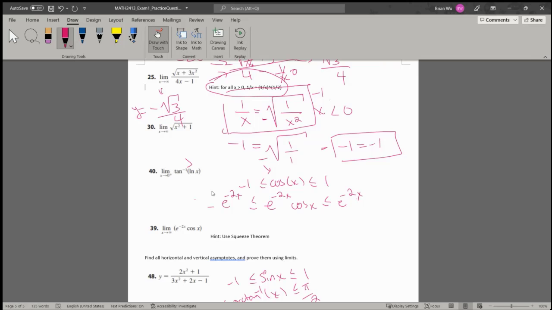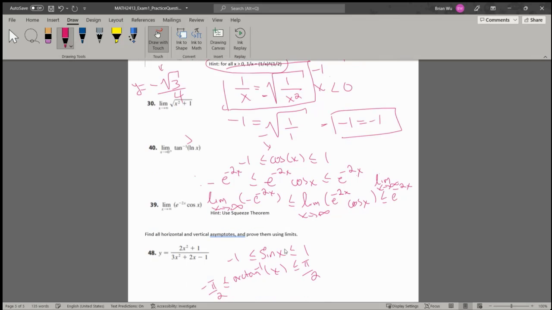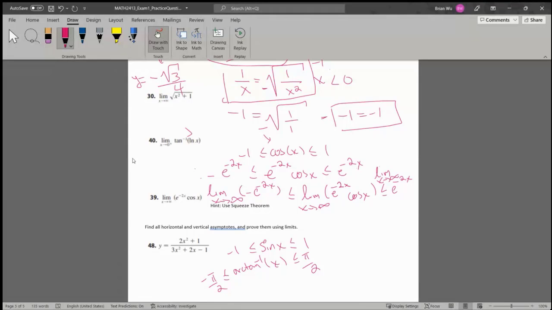Now if we apply the limit as x approaches infinity to all three, we're going to get something like this. And that needs a limit there. And in order to evaluate the left one, we know from our exponent rules that a negative exponent basically means it's flipped.